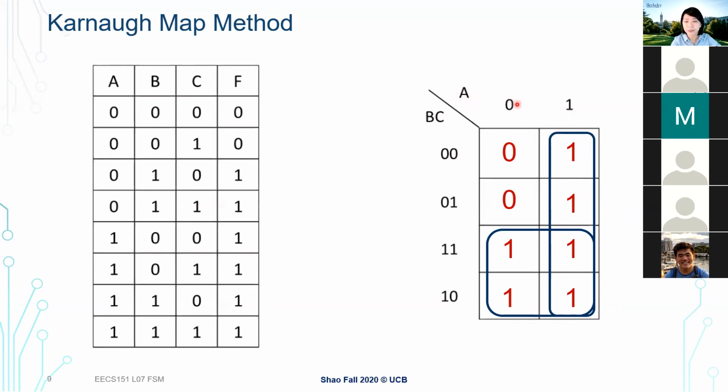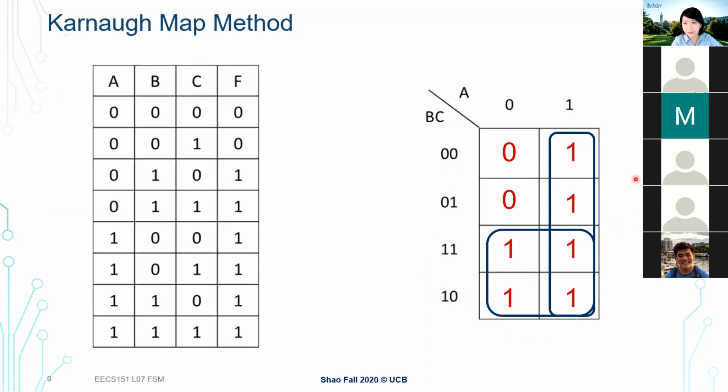No matter whether A is 0 or 1, it is always 1 here. Another dimension we can eliminate is by comparing the 2 rows, B and C. No matter what the value of C is, 1 or 0, it's always 1. So this circle basically turns into B. As long as B is 1, my output is always 1.